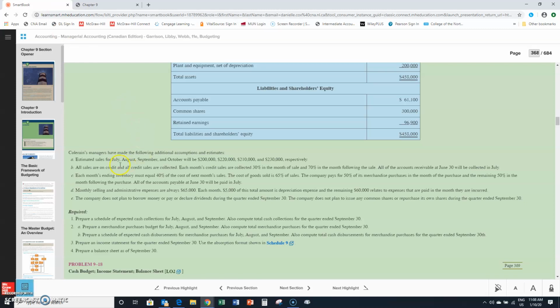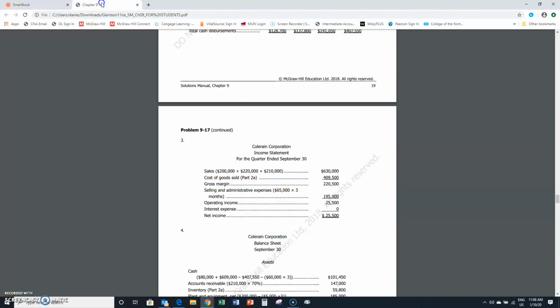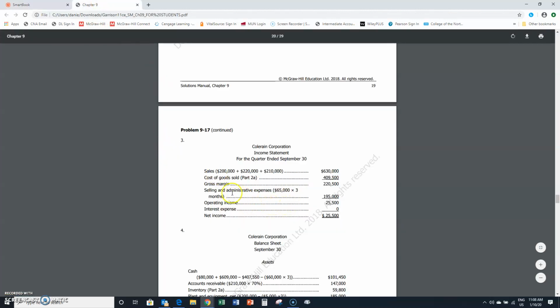We're given that in the question. Monthly selling and administrative expenses are 65,000. 5,000 of that is depreciation, 60,000 are actual cash expenses that month. But for the purposes of the income statement, it's $65,000 times 3 months. So gross margin less our selling and admin expenses is our operating income.